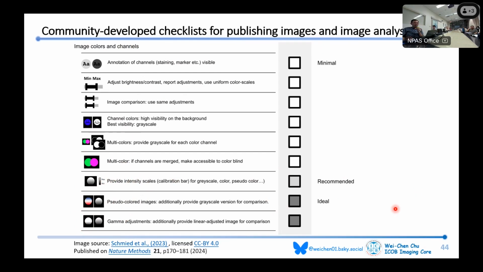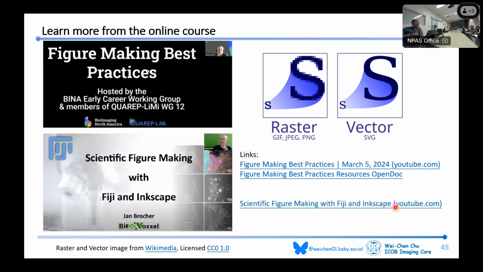So those checklists so far are not very strict for each journal, but I believe in the future they will take those checklists very seriously. Okay, so if you want to know more about figure making, these are some related training materials, so you can click those to watch and learn more.